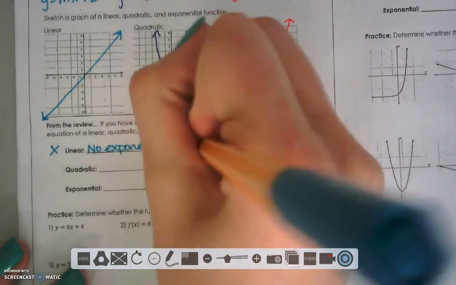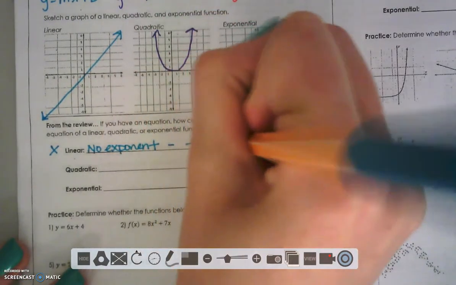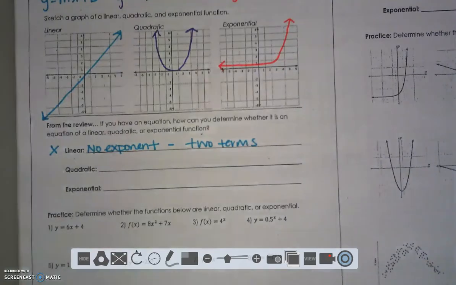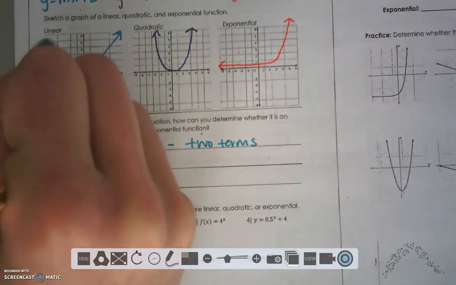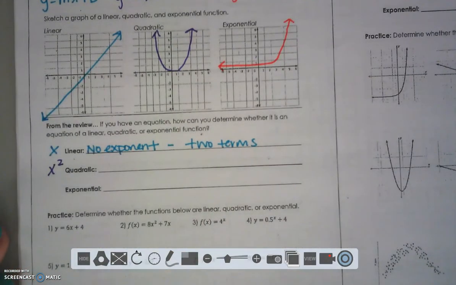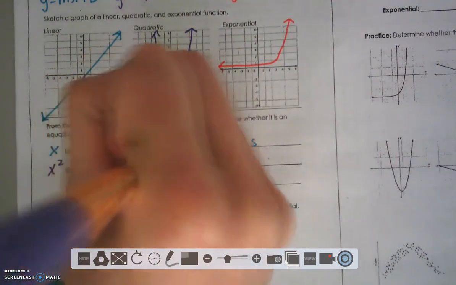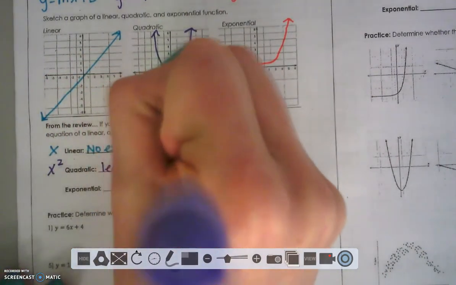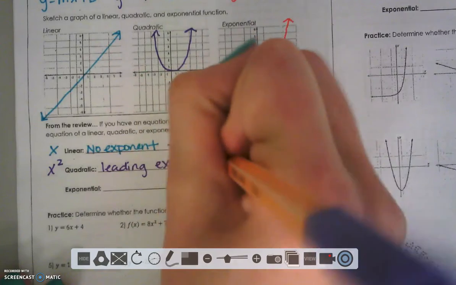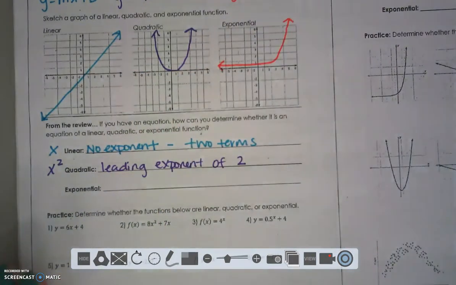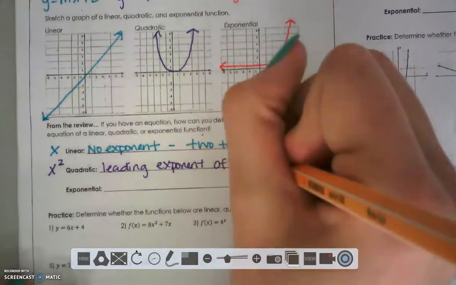And we have two terms. Quadratic, remember, has an x squared. So I have a leading exponent of 2. And I have up to 3 terms.